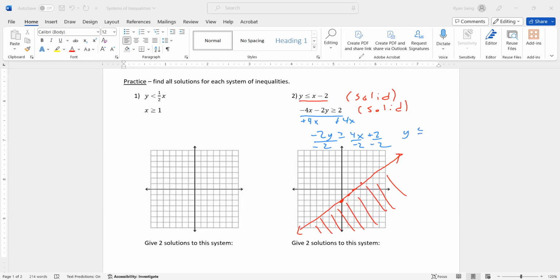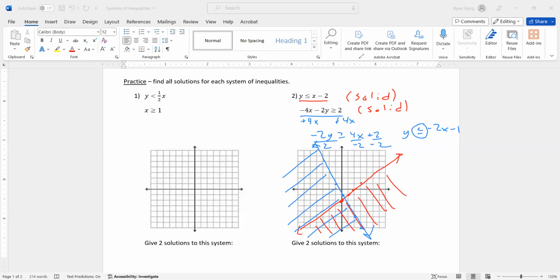So less than or equal to -2x, and 2 divided by -2 is -1. So -1, down to right 1, down to right 1. Solid line, so I can just draw it. And again, we're shading below because these flipped.